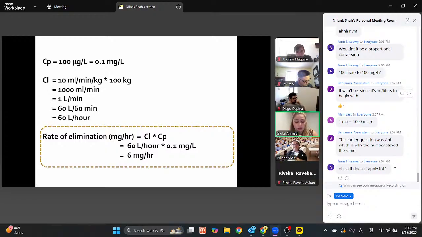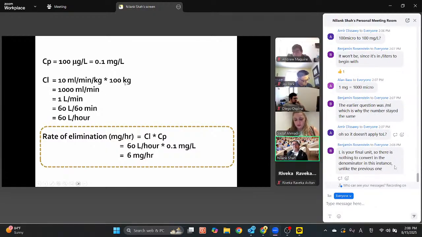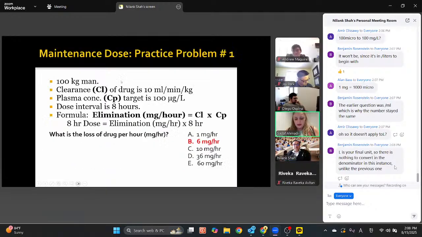And the reason that I cancel out kilograms is that kilogram is very big compared to micrograms, so going from kilogram to milligram and then microgram is much easier. No, we don't have to convert kilogram here because the clearance is per kilogram, right? Yes, 110 ml per minute per kilogram times the weight of the person, which is 100 kilogram. I gave you the man's weight here.